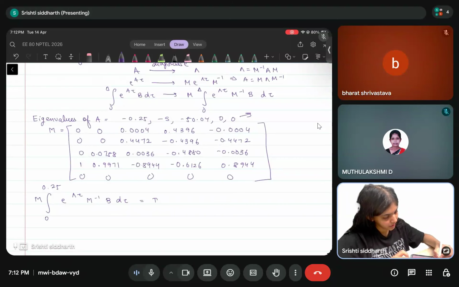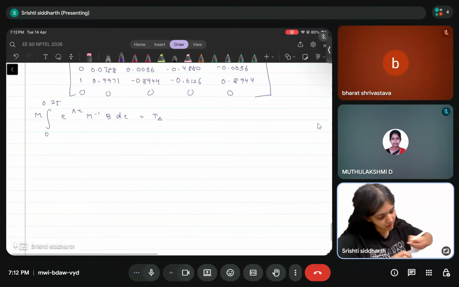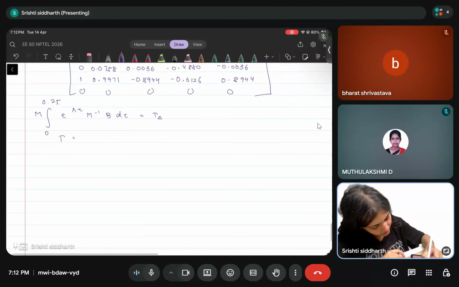This is gamma delta. And let's simply, gamma, we have to multiply these two matrices, and then it's gamma delta.